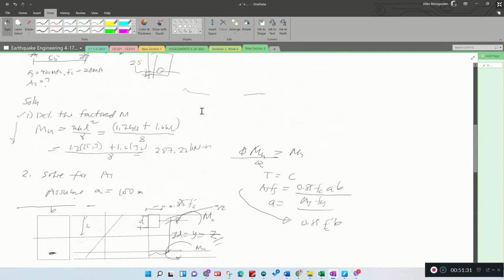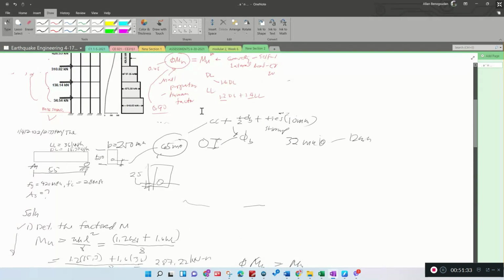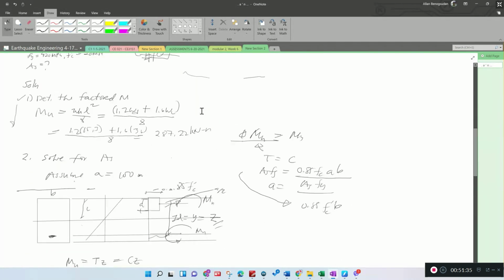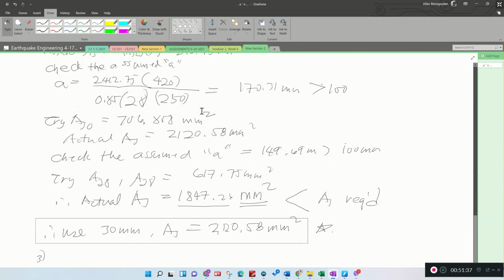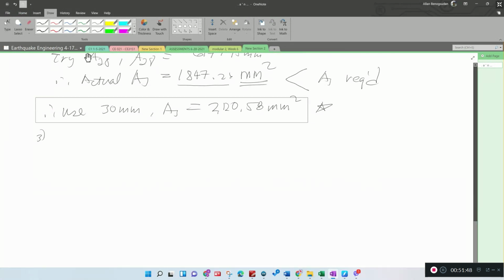What is moment capacity? Anybody? Just a guess. What is the moment capacity now of the beam? Anybody would like to participate?